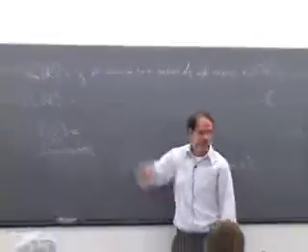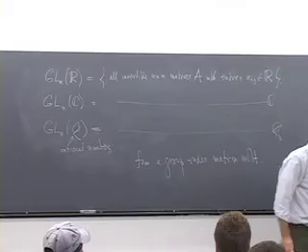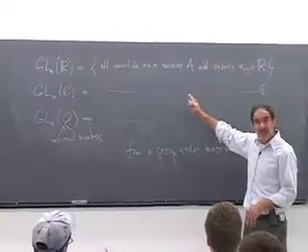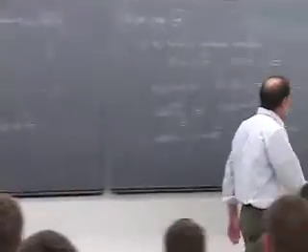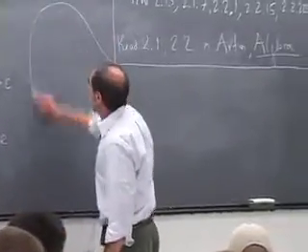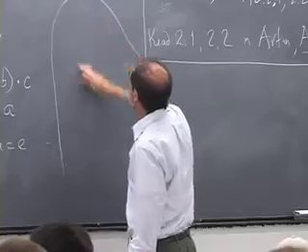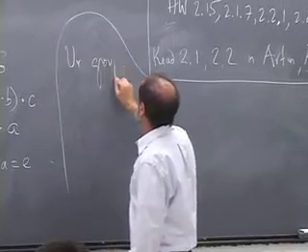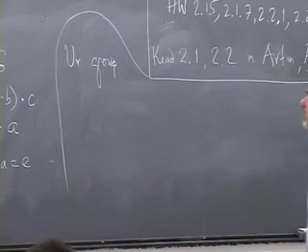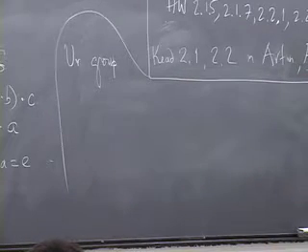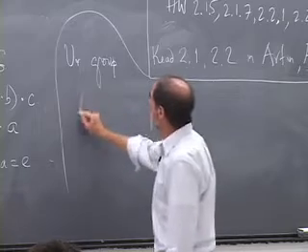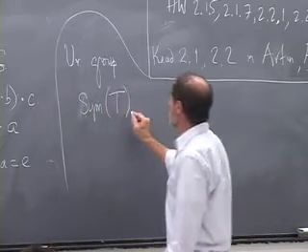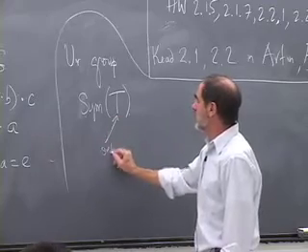And I also ended with the prototypical example of a group, even more prototypical than this example, which is the automorphisms of a set. The Ur group, I'll call it, Ur being the city in which all started, is the symmetries of a set T. This is just an arbitrary set.